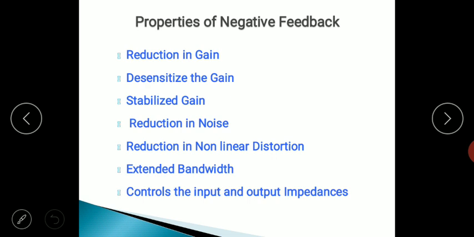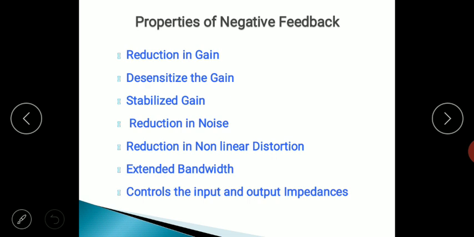Normally the open loop gain depends entirely on the input, and there will be variation in the gain, but when we give negative feedback to the amplifier, the gain will be desensitized. Similarly, the gain will be stable, because in negative feedback the effective input applied to the amplifier goes on decreasing, so the stability of the amplifier will be more, and hence the gain will be stabilized.